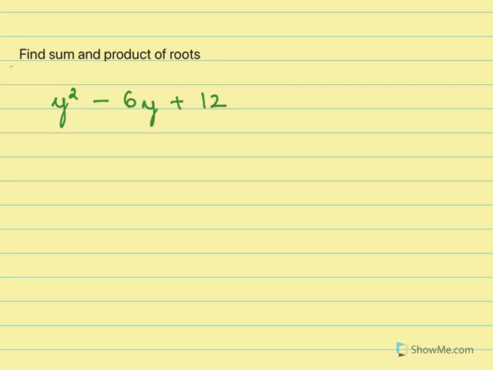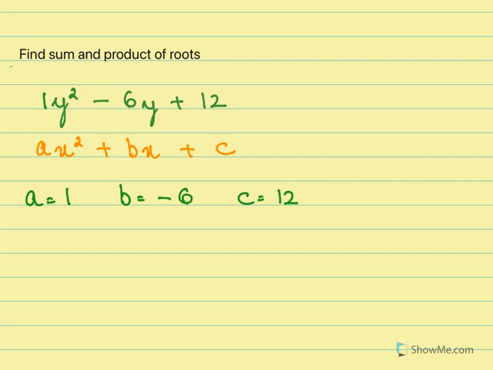Here again find the sum and products of roots. So here is a polynomial. We will now compare it with the standard, that is ax square plus bx plus c. This is our standard. And when we compare, we get a equal to 1, b minus 6, and c is 12.